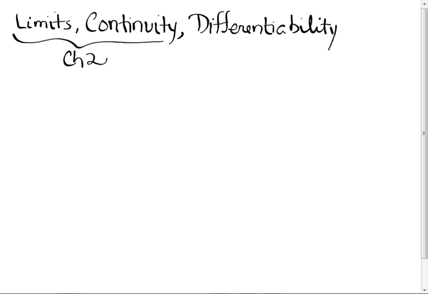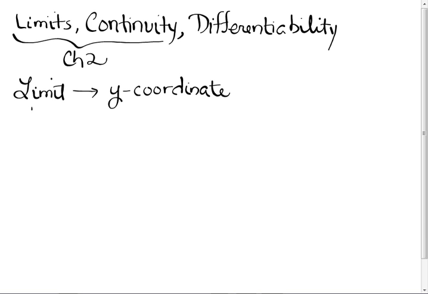Okay. Do you remember what a limit is? It's the y coordinate. We don't care what happens at that value. So if you have a graph here, I don't put a hole there.